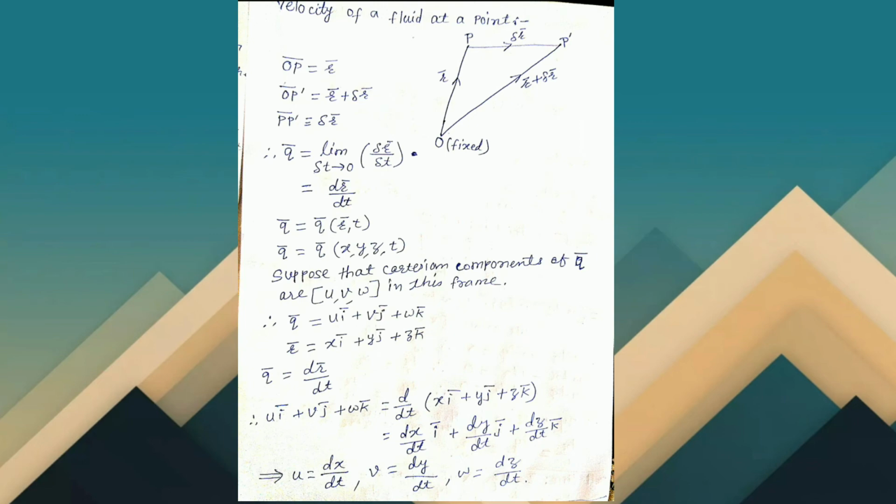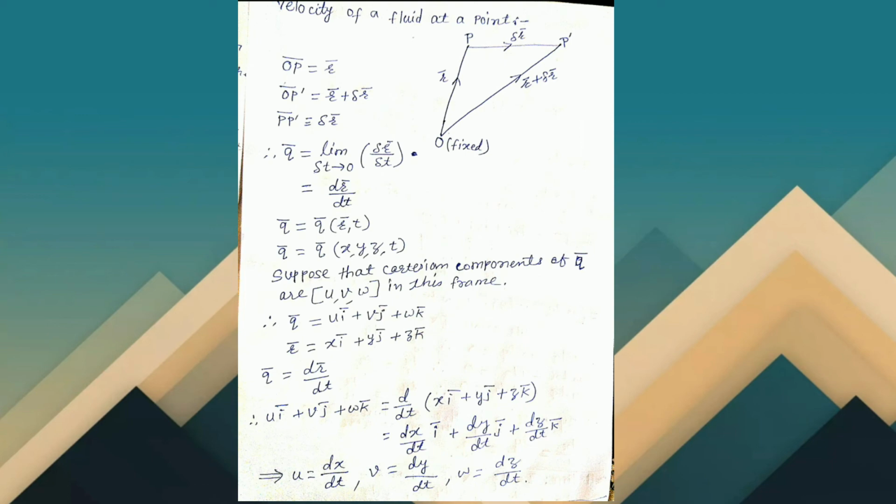Alternatively, if P has Cartesian coordinates x, y, z relative to a fixed tri-rectangular coordinate frame through a fixed point O, then q bar is equal to q bar of x, y, z, comma t.